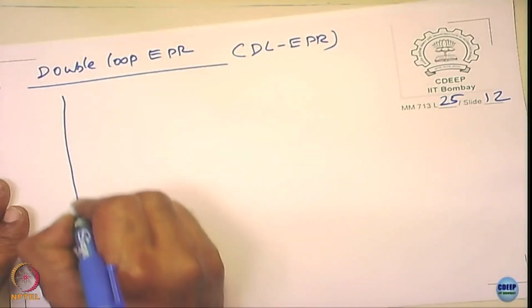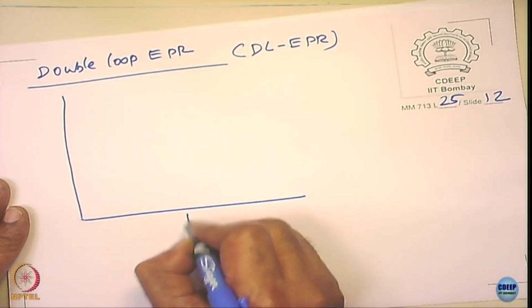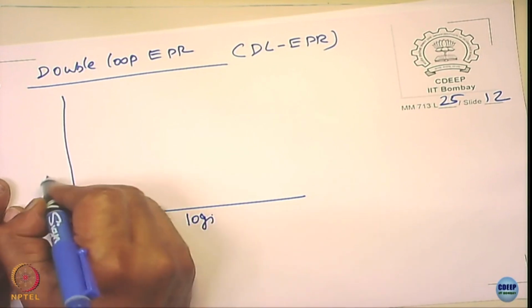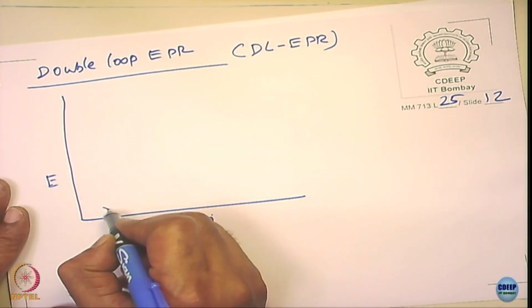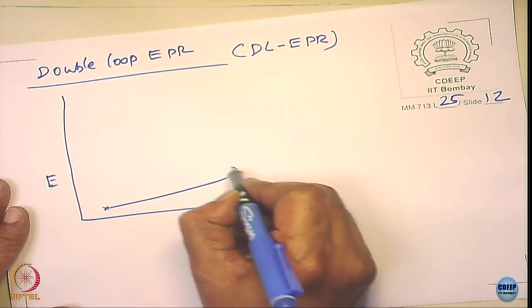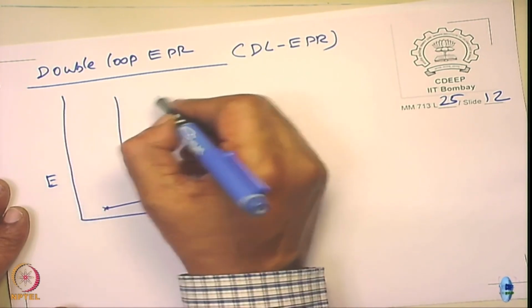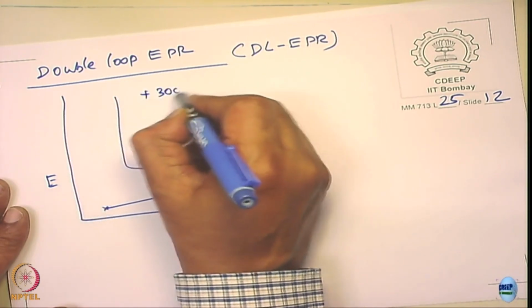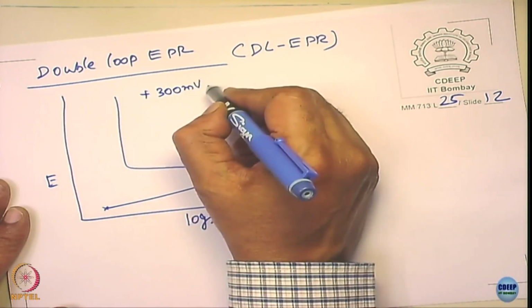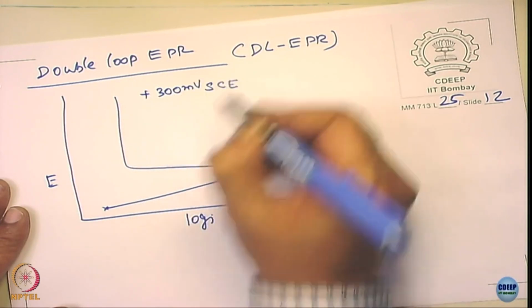Unlike single loop EPR, where you raise the potential to the passive region and then bring it down to Ecorr, in the double loop EPR test you start from Ecorr and go up to plus 300 millivolts with respect to the saturated calomel electrode.